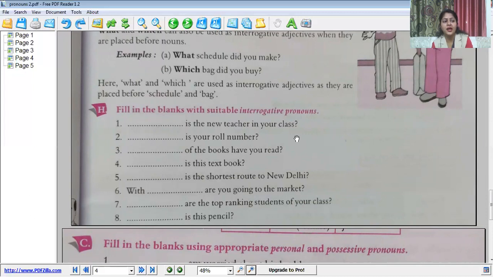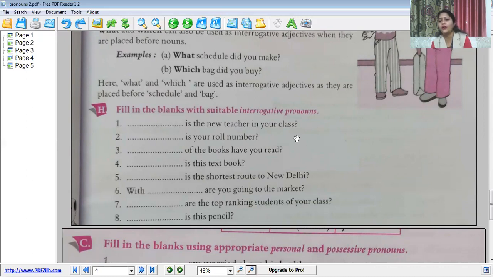The next one. Dash is this textbook. Whose is this textbook? The next one. Dash is the shortest route to New Delhi. Which is the shortest route to New Delhi? Now the next one, with dash are you going to the market?